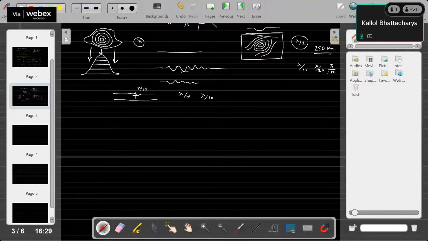Lambda by 10 here means there is no fringe, because you would only get a fringe if the variation is more than lambda by 2. So what you would get is simply a variation of the intensity and nothing else, and from that you can deduce nothing. And therefore there's another kind of interferometry which is called phase shifting interferometry, PSI.